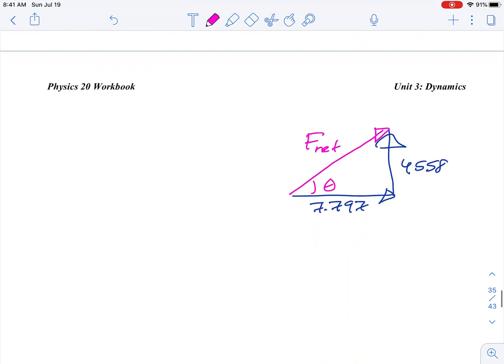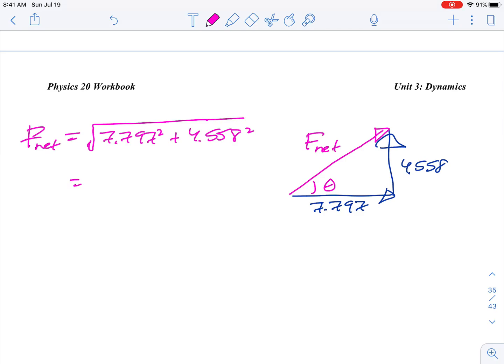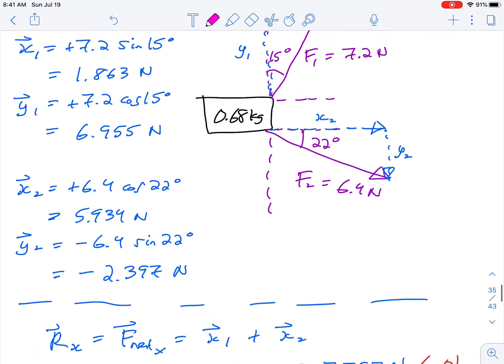All right, so like I said, pretty tedious here. So F net is simply going to be the square root of the sum of squares here, so 7.797 squared plus 4.558 squared. And that's about 9.0. I don't know how many sig digs we're doing. I guess it doesn't matter.